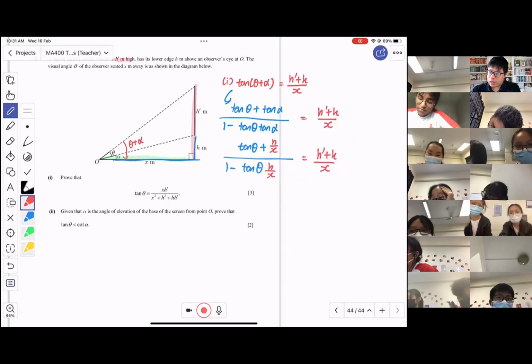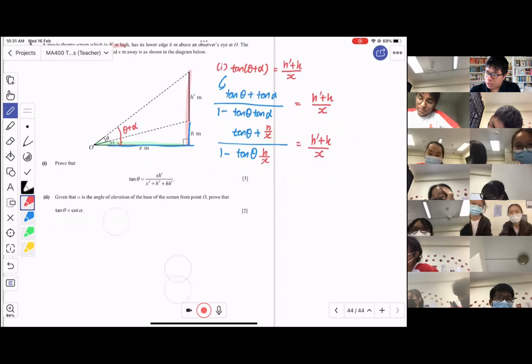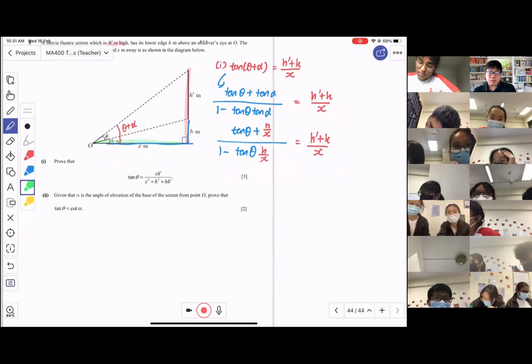This H over X is obtained by using the green triangle.